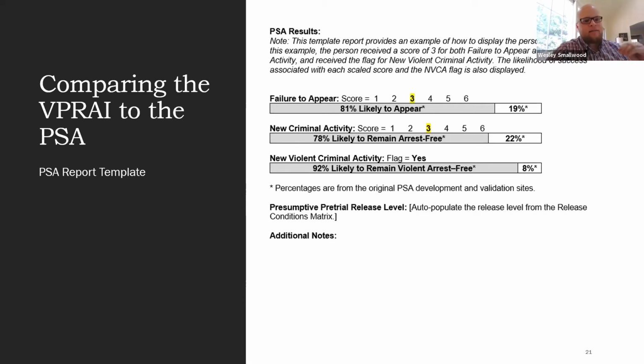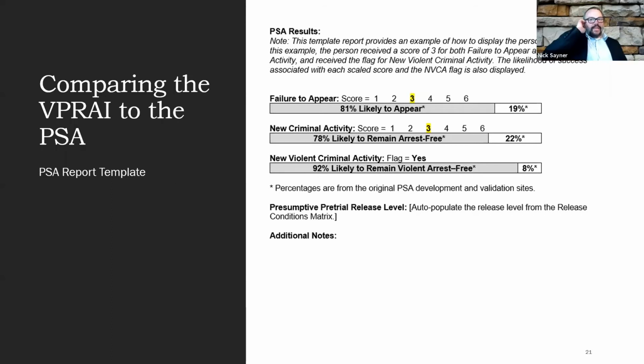How did I get to this? Where did it come from? And how did I get to this person should be detained? So that to me is so transparent as to what those two major outcome measures mean. And that is very beneficial for a judicial officer to have that information.